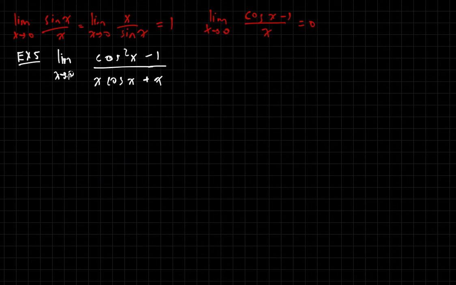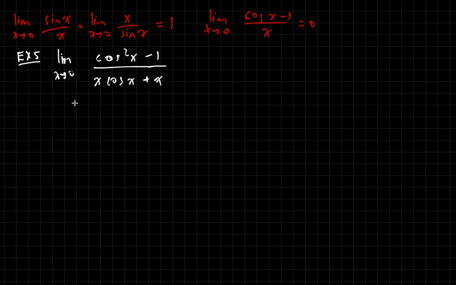The fifth example says, what is the limit as x approaches 0 for cosine squared x minus 1 over x times cosine x plus x? So we notice here that these do have cosines, and there isn't really anything that directly represents this, right?